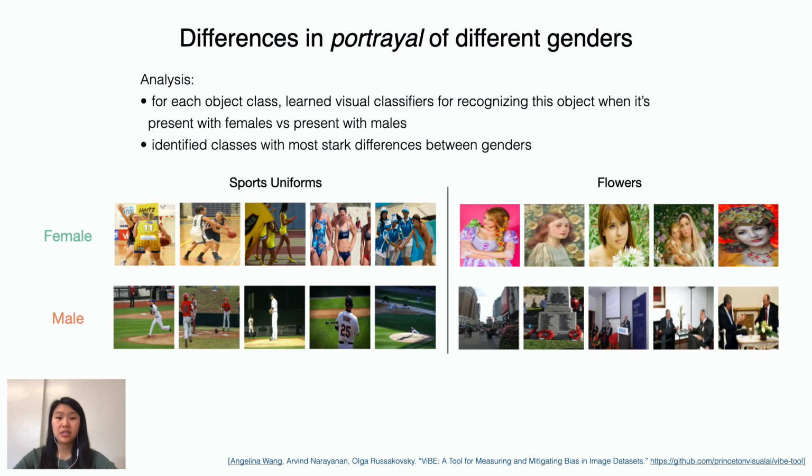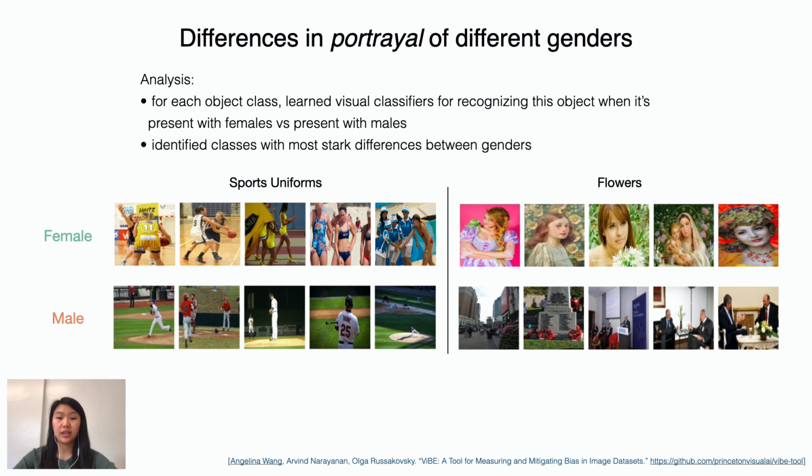We can look to two examples from the Open Images dataset of images that contain a sports uniform and the example from earlier where images contain a flower. We can see that images of sports uniforms with people who are female tend to feature indoor sports or people in swimsuits. On the other hand, images of sports uniforms with people who are male tend to feature baseball, an area in which there is very low female visual representation in this dataset.